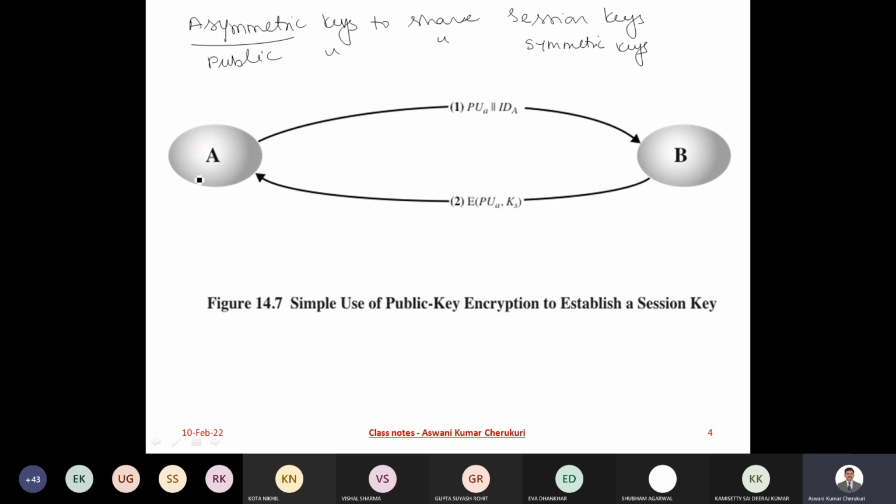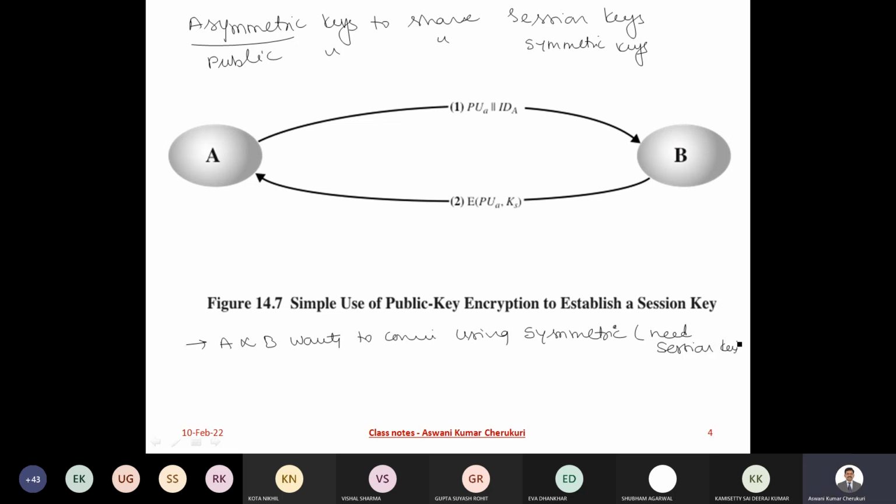You can see a simple scheme. What is the scheme? A and B want to communicate with each other using symmetric schemes. For that purpose, they need a session key.